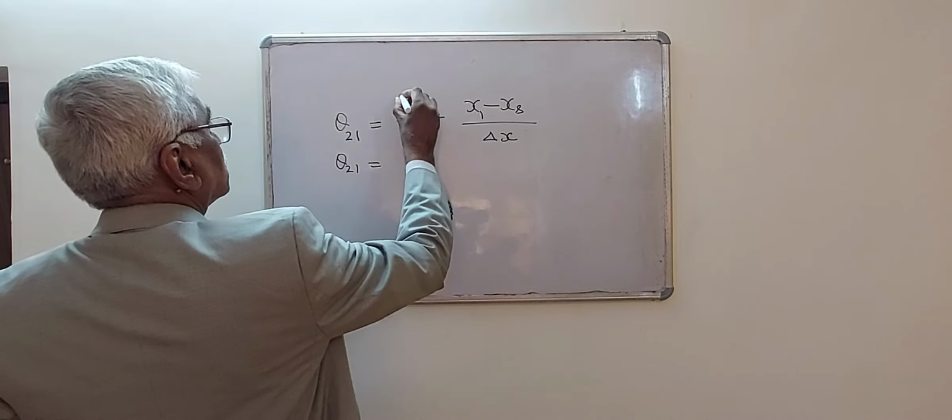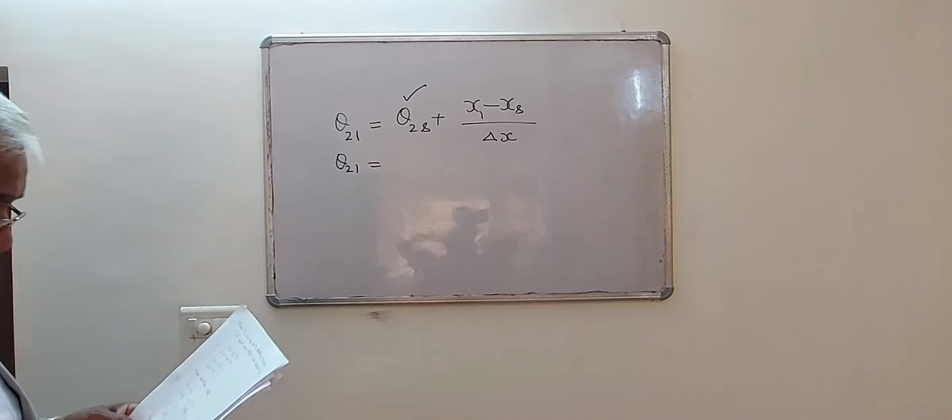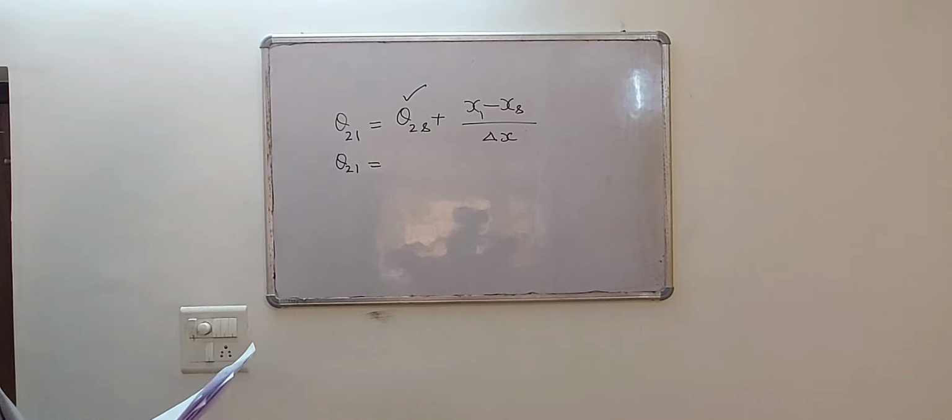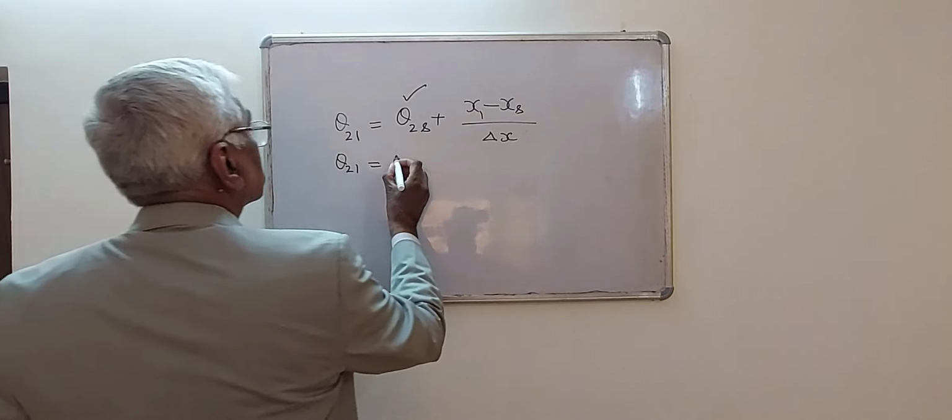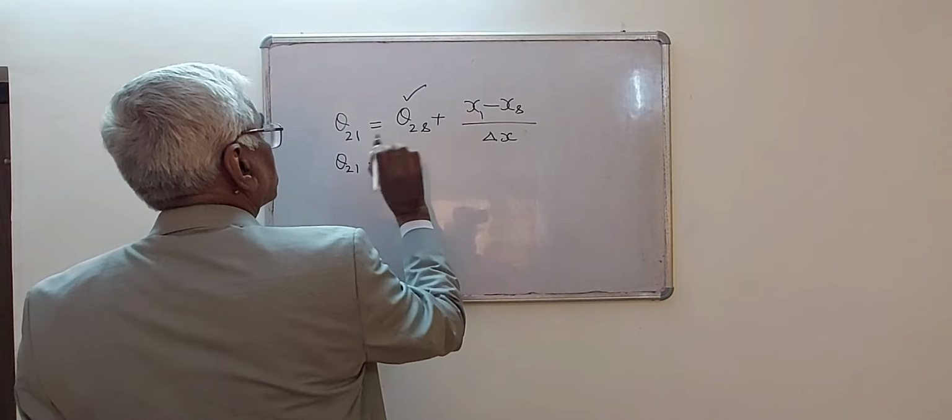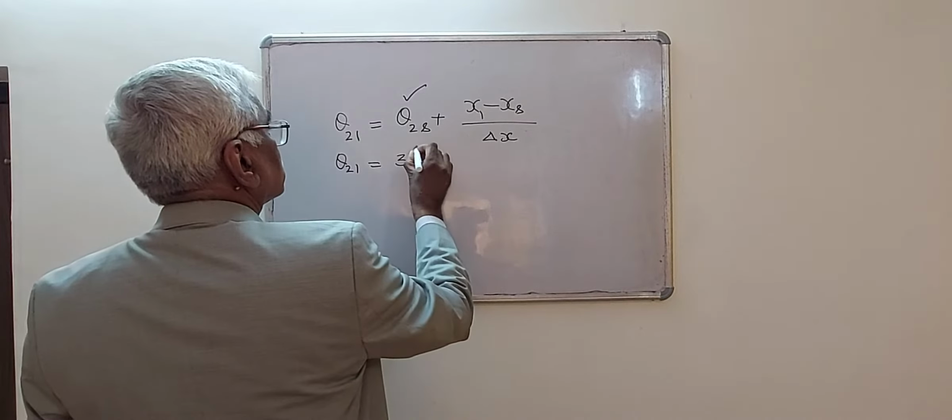What is this value? What is theta 2s? It is given. Theta 2s is equal to 30 degree, starting value, plus 30 degree.